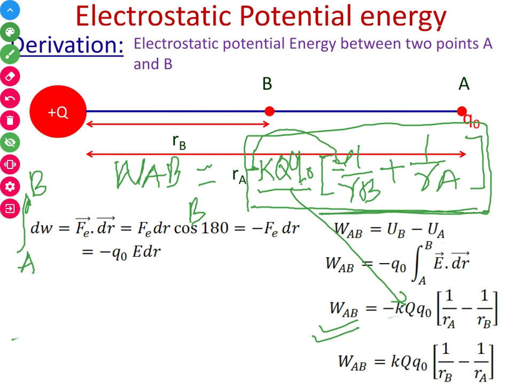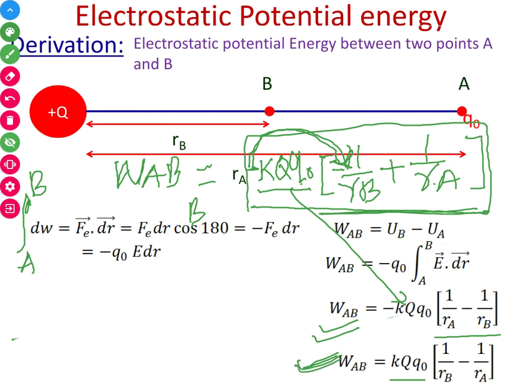It is the same expression: you can see 1 upon RA with a positive sign and 1 upon RB with a negative sign. If we multiply the negative sign inside the bracket, we get the final expression: WAB is equal to KQQ naught times 1 upon RB minus 1 upon RA. So this is the final expression.